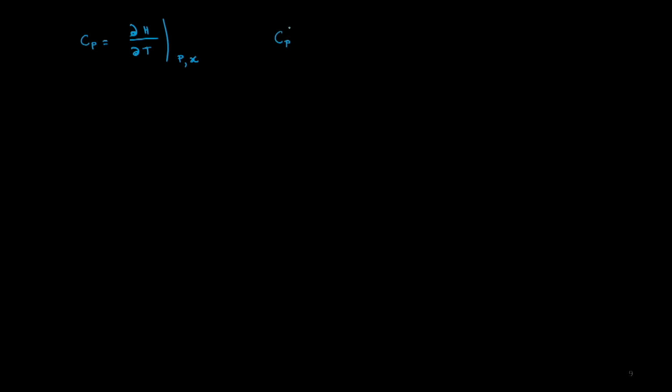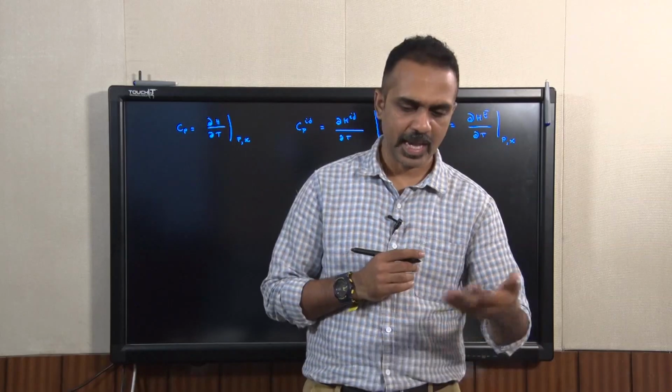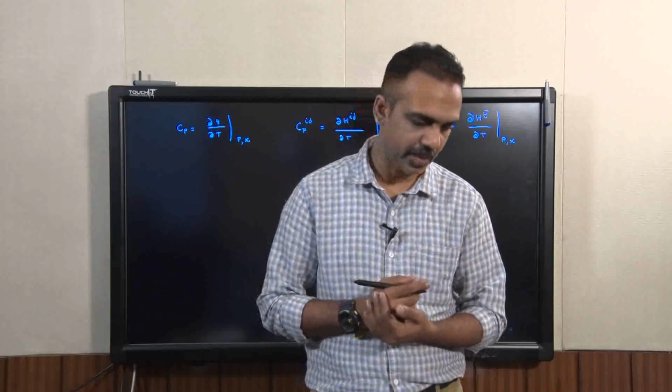One can write it for an ideal solution, derivative of H for the ideal solution over derivative of temperature at constant P and x, and CpE will then be the derivative of the excess enthalpy with respect to temperature at constant P and x. So this is called the excess specific heat capacity at constant pressure. We can write similar relationships as we did earlier for specific heat capacity.